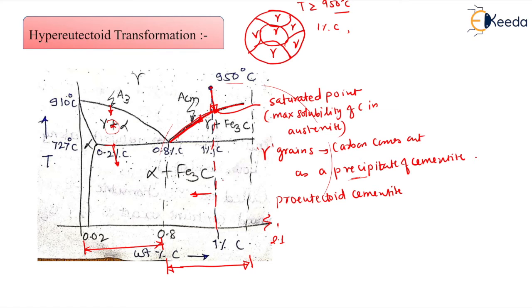Here we have not got the alpha, but we got the cementite: along the grain boundaries, whatever carbon comes out is like a precipitate. I will show you how this carbon comes out as a precipitate.